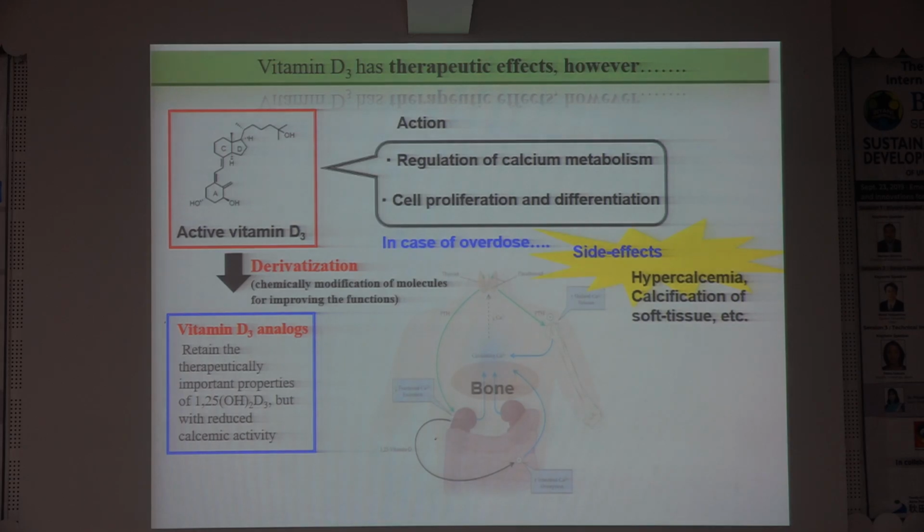Thus, there is a need to modify the active form of vitamin D into different structures so we can retain the therapeutically important properties of this compound and reduce the calcemic side effects. These analogues can further be used for the treatment of various diseases.